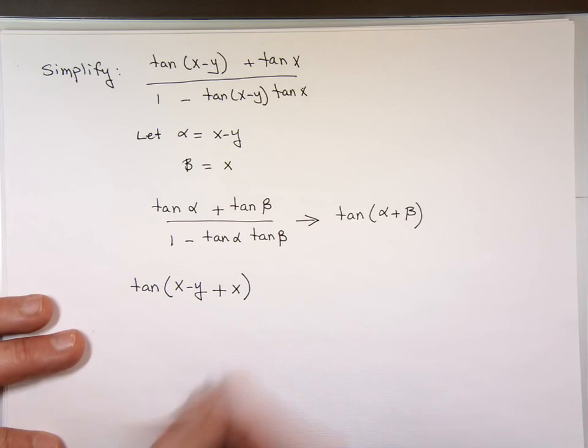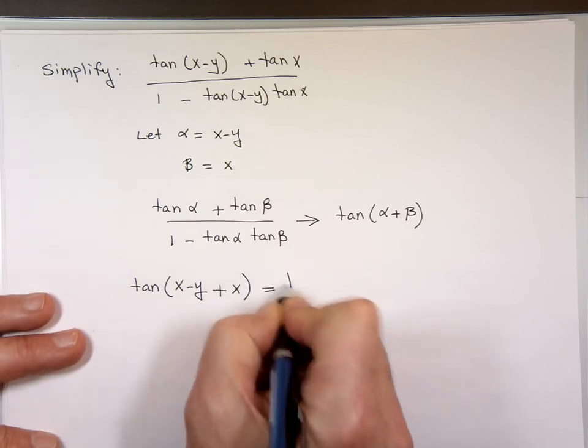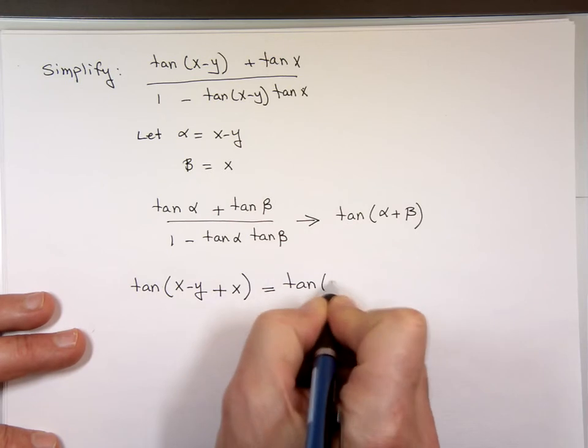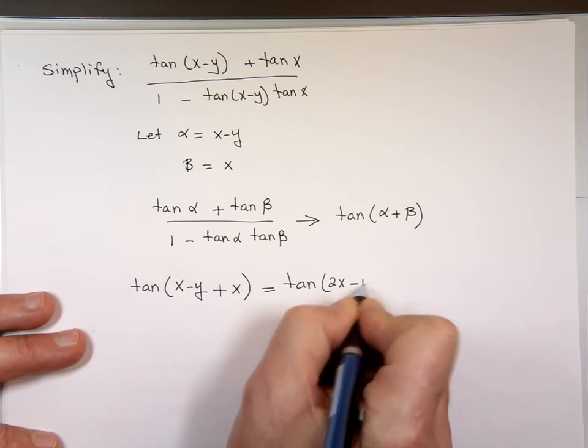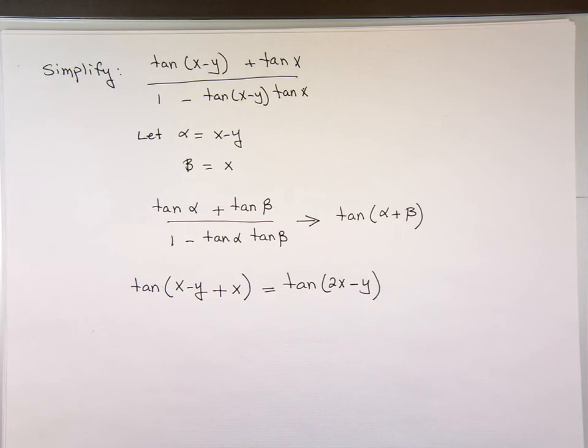Tangent 2x minus y. And that's it. That's as far as I can go with it. And I'll stop here.